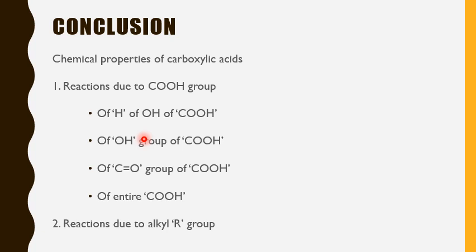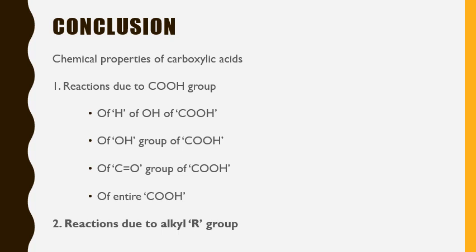So you can have n to n carbon, n to n plus 1 carbon, n to n minus 1 carbon, where you can also have modulation of functional group along with the number of carbons. So due to this wide range of reactions, carboxylic acids are placed in a special category in organic chemistry.